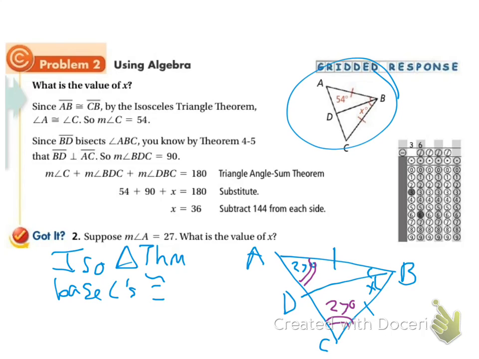Then if I look at the big triangle, triangle ABC, I've got 27, 27, and these are congruent up here, so I've got x plus x, which is 2x. I know that inside of a triangle, they add up to 180, so I can set up an equation. 27 plus 27 plus 2x equals 180, and solve it.